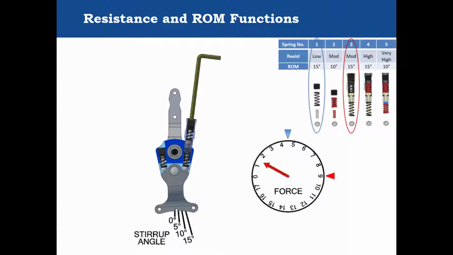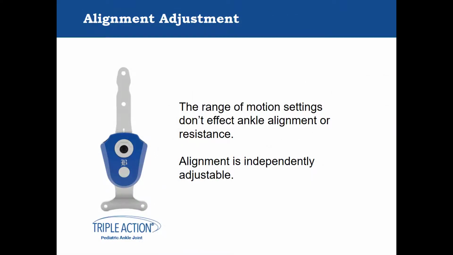This animation illustrates that the maximum resistance of the triple action ankle joint is determined only by the spring configuration. The range of motion adjustment screws change the articulation range of the stirrup, but do not affect stirrup alignment.